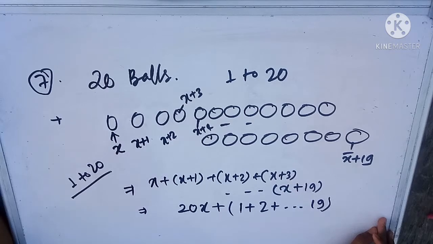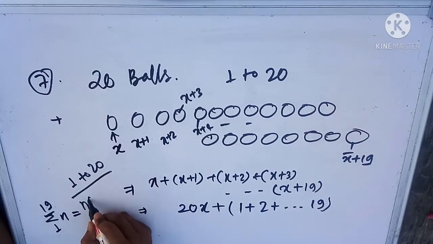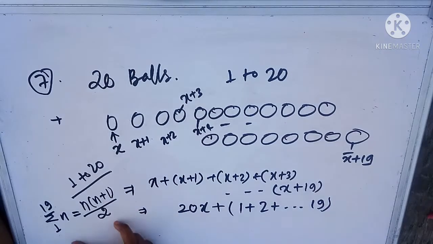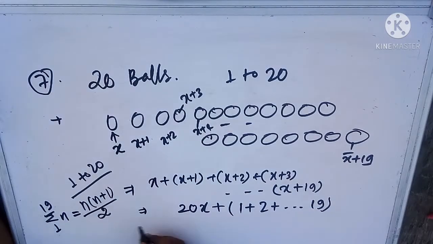We know the formula for finding the sum of the first n natural numbers. It is sigma n, which is n multiplied by n plus 1 divided by 2. So here we have to find the sum of the first 19 numbers. We put n as 19, n plus 1 as 20, and divide by 2.